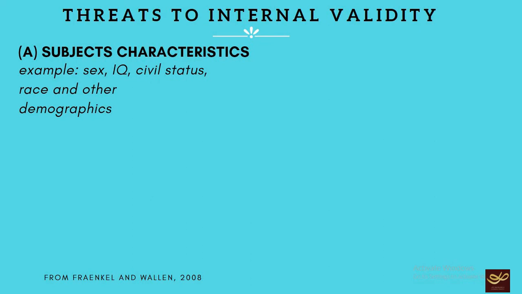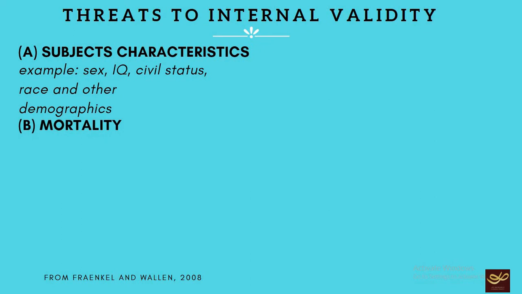The demographics of the respondents: their sex, their IQ, their civil status, their race, and other demographics. If these variables are revealed by your literature review to have an effect on the outcome, and they are not controlled, then they will become a threat to your study.